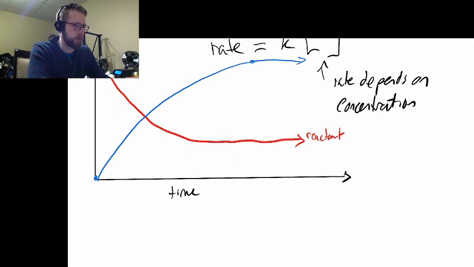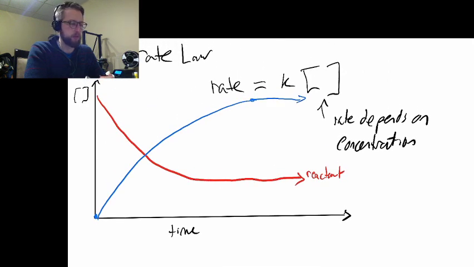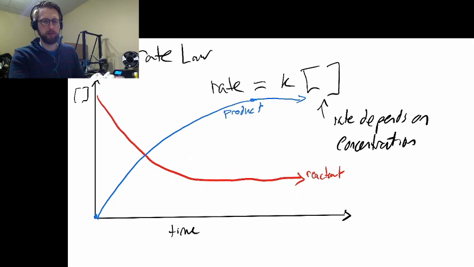So that's from the formation of the gas. And this state at the end here, where the amount of product being produced and the amount of reactant being used up are balanced.